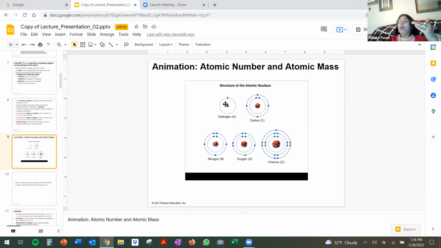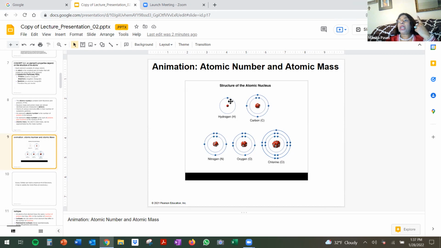So if you have 1 proton, it's equivalent to 1 electron, and therefore you will place 1 electron. The total number of electrons will determine how many orbitals you need to draw or that atom will contain. So in this case, the hydrogen atom has 1 electron. It has atomic number 1, which is equivalent to 1 electron.